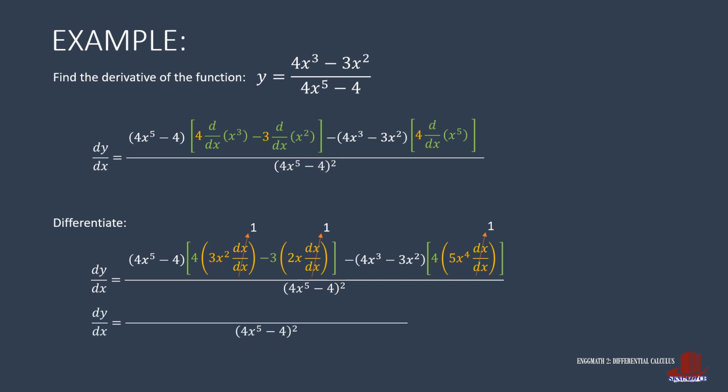Simplifying the derivative into the quantity of 4x raised to 5 minus 4 multiplied by the simplified derivatives of 4 times 3x squared, or 12x squared, minus 3 times 2x, or 6x, minus the upper term 4x cubed minus 3x squared, multiplied by 4 of 5x raised to 4, which is 20x raised to 4, all upon the square of 4x raised to 5 minus 4.